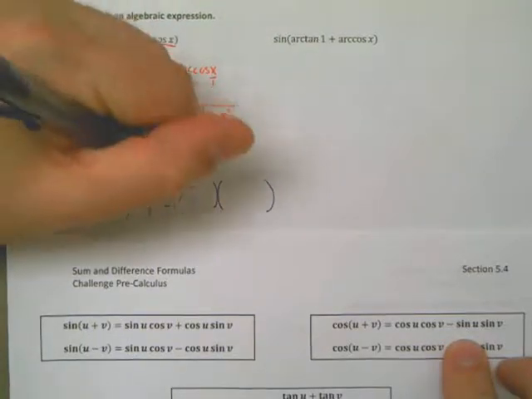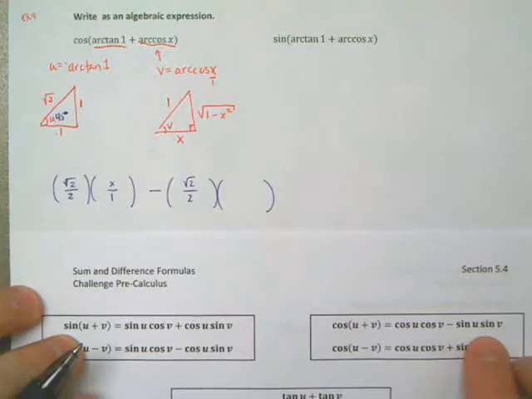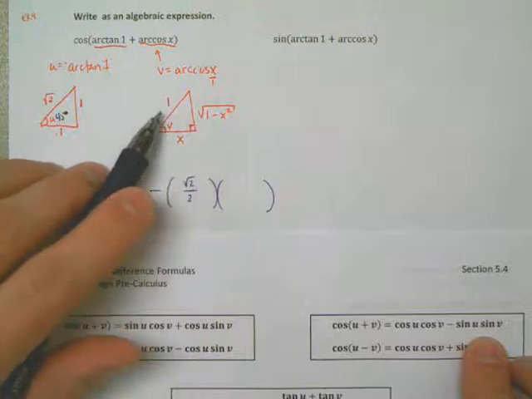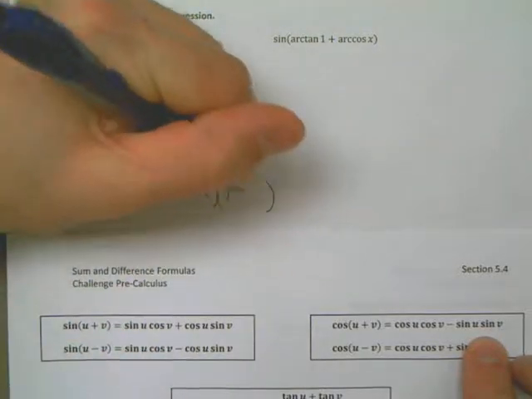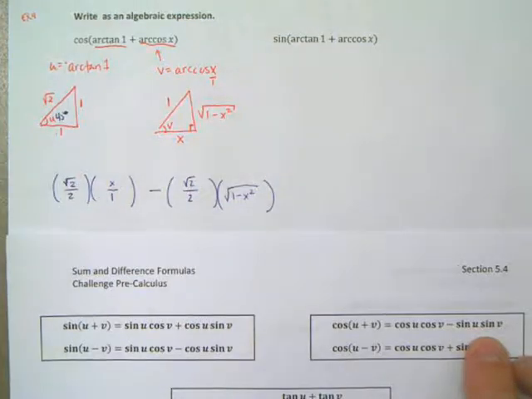Cosine v is x over 1, minus the sine of u, which is, once again, 1 over the square root of 2. I'm going to write that as the square root of 2 over 2 times the sine of v. And the sine of v, I can see in this case, is the square root of 1 minus x squared over 1, so I'm going to leave the 1 off the bottom.